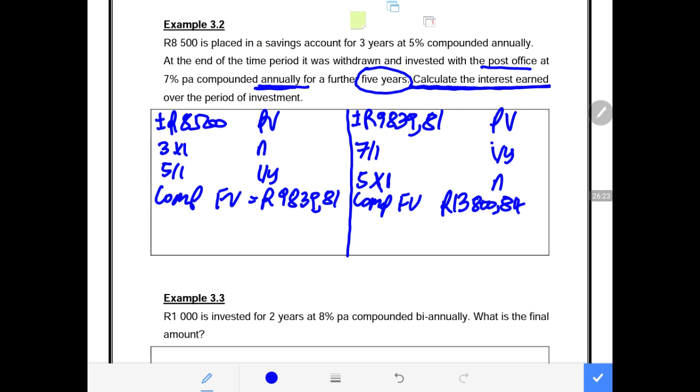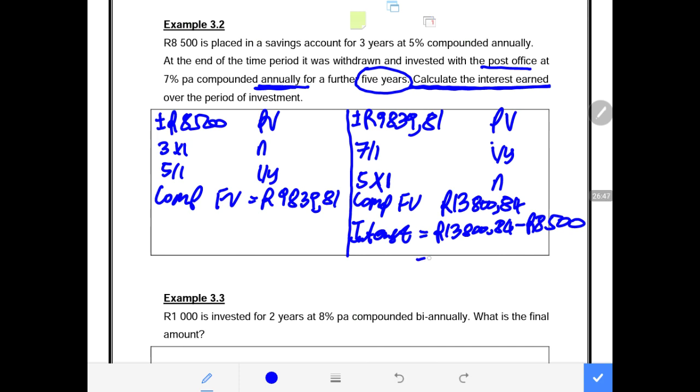Therefore, the interest that was earned over the period of the investment will be the future value of 13,800.84 minus the amount that was invested. The amount that we initially invested, which was our own money, was 8,500.